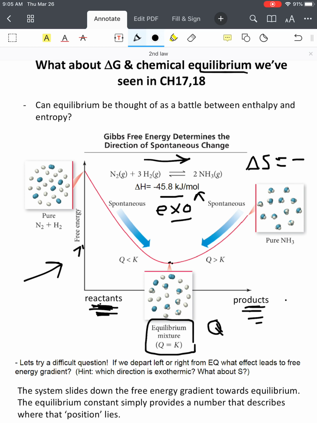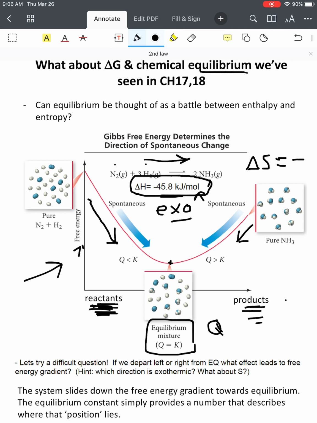Let's start over here, in a reactant heavy case. What that's going to mean is we have too high a concentration of our nitrogen and hydrogen for our equilibrium. And we're going to slide down the free energy gradient from left to right to establish our equilibrium. But what's the driving force behind that in terms of our delta G equation? Well, under those conditions, the fact that this reaction is exothermic is the driving force.